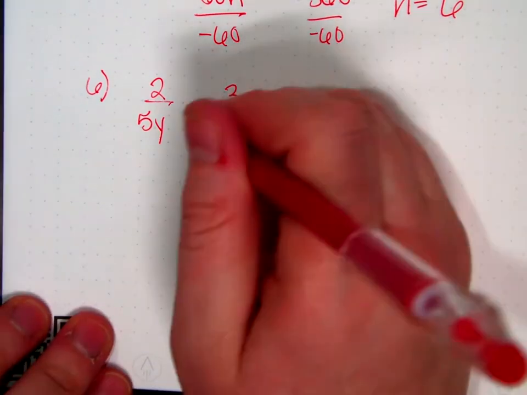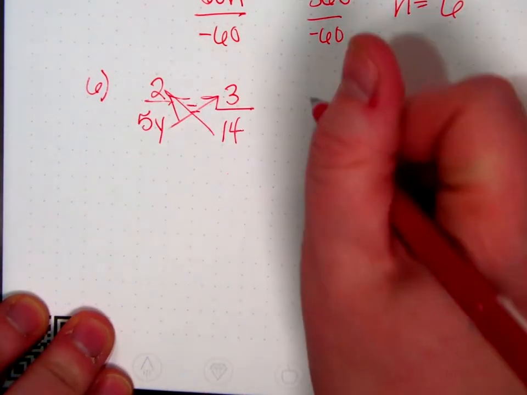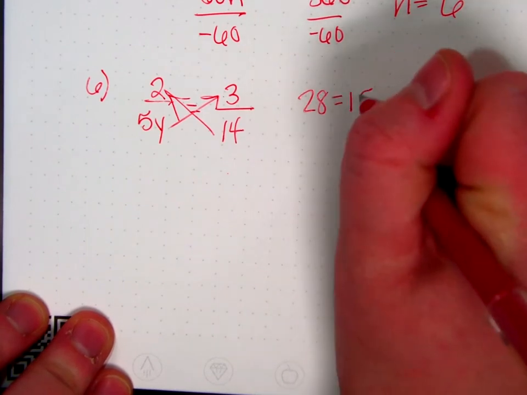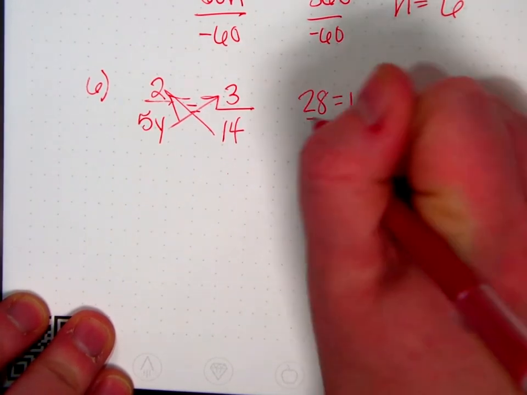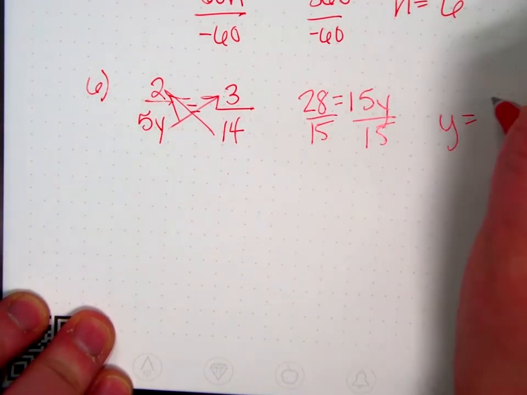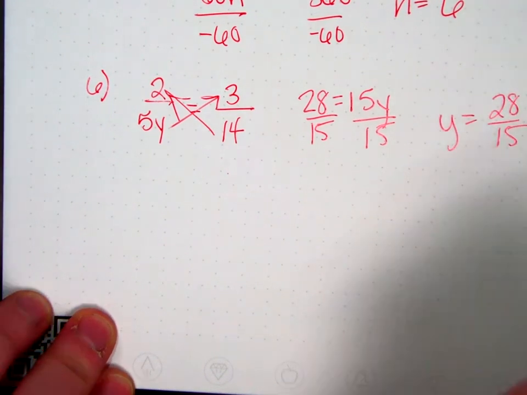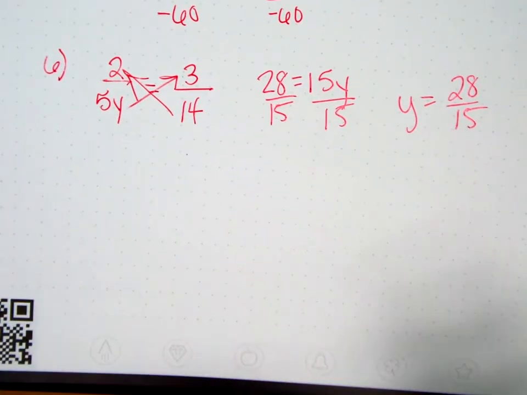So when you cross multiply, you get 28 equals 15y, divide by 15, y equals 28/15. Done. That's it. I know it's scary because you haven't seen anything like that in a really long time, but that's all we're doing.